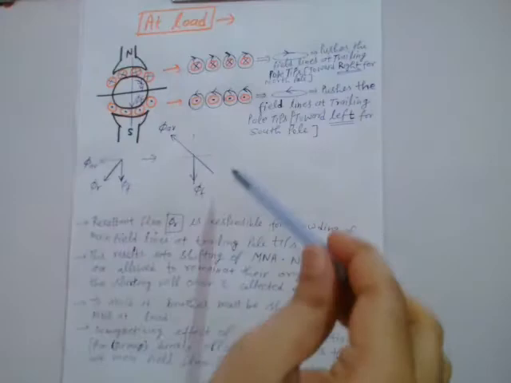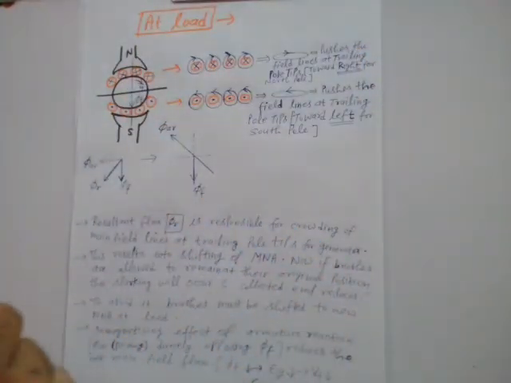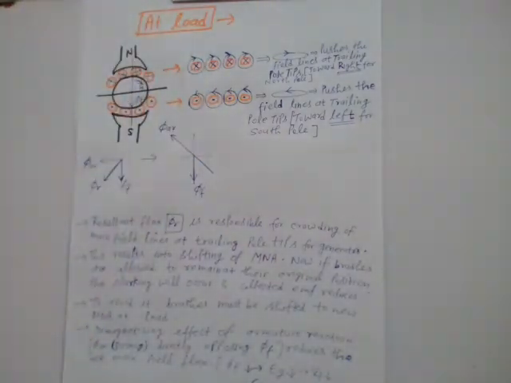Why clockwise? You can apply the right hand screw rule, right? So when you apply the right hand screw rule on these cross rotor conductors, that means when you rotate clockwise, the field that will be established will be inside, right?